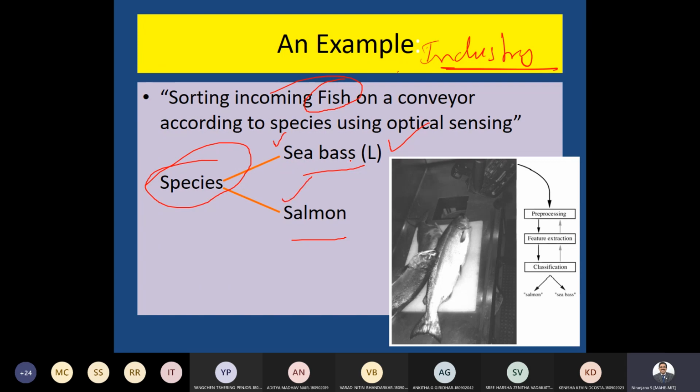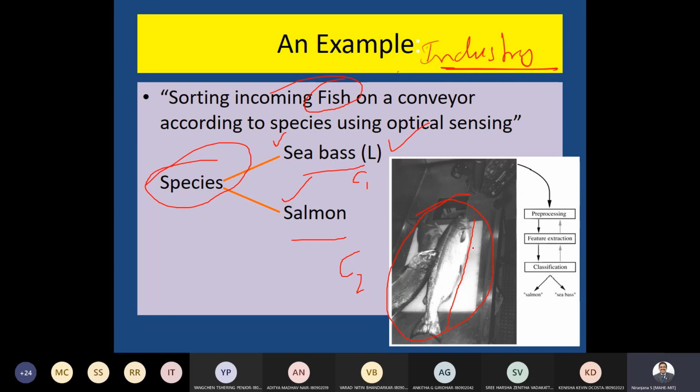Now this is class 1 and this is maybe another category, which we consider as class 2. When it is seen under an optical sensor device such as a camera, it is able to take a photo of this and understand its characteristics, maybe its length, then it may be able to categorize it.